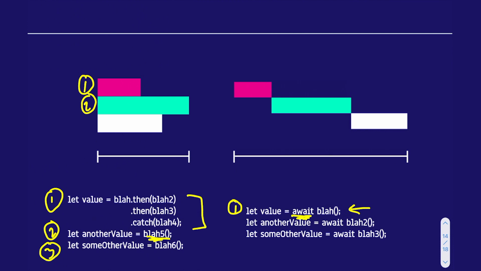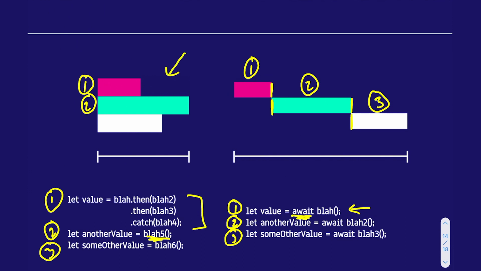Once blah is done running, it's got the value set as value, it moves on to the next line, and then we await for blah to run. Same thing happens, and then the third function runs. So it's more synchronous this way, where as soon as the first event ends, the second one can start. As soon as the second one ends, the third one can start.